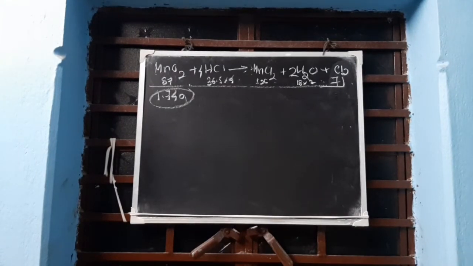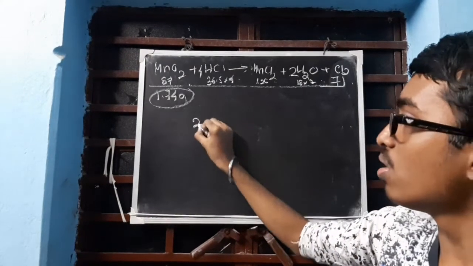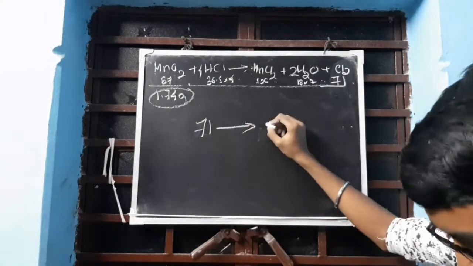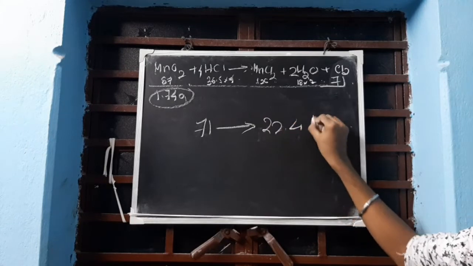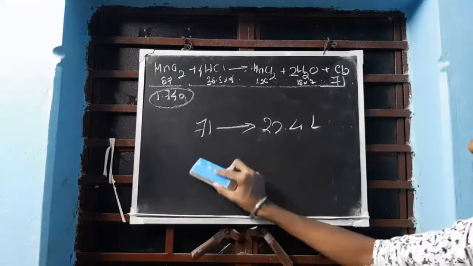Volume of chlorine you can calculate. The answer was 1.42. Then we already know that 1 mole will occupy 22.4 liter.